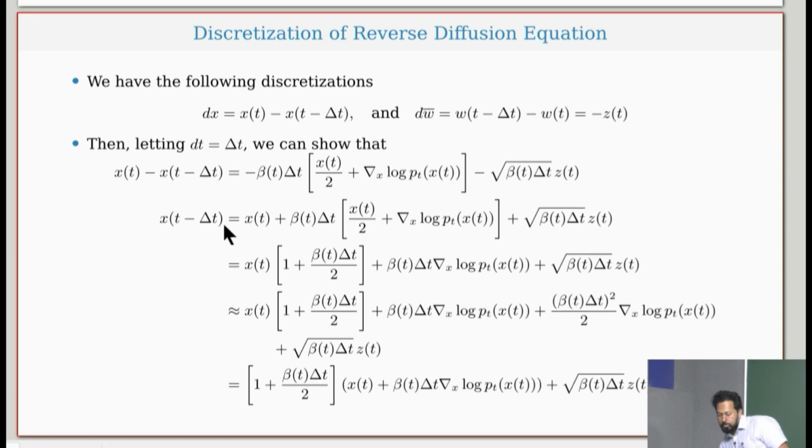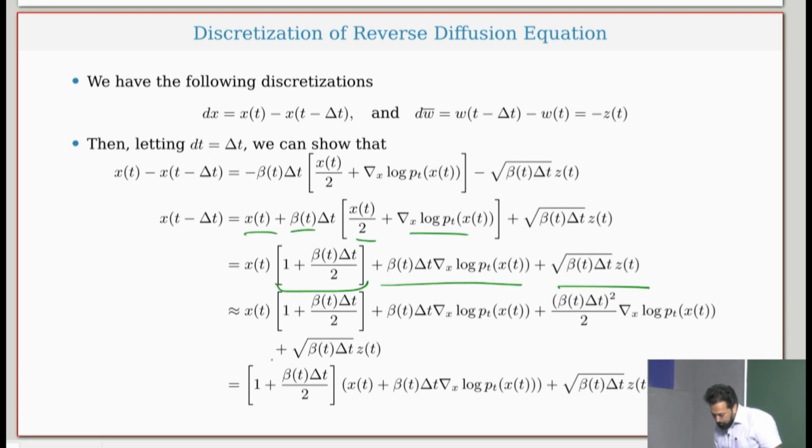And then xt minus 1 we write like this, xt plus and so on. We just send this xt to the right hand side. It seems nothing has changed. And then we take xt common from here and here. Then we have this, and beta t got multiplied here, so this is all fine.